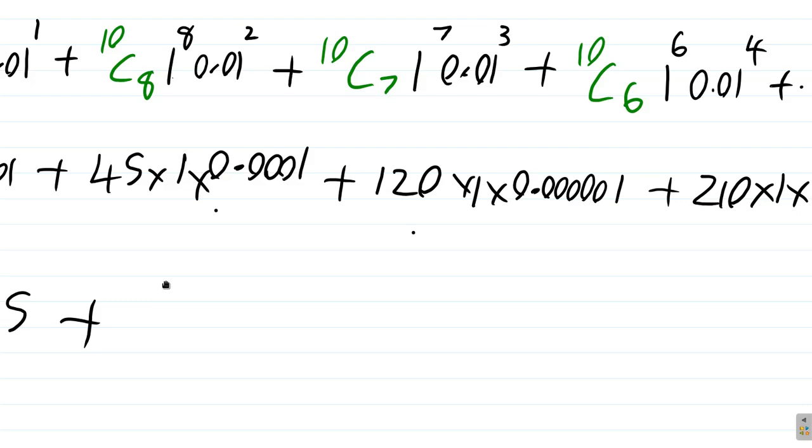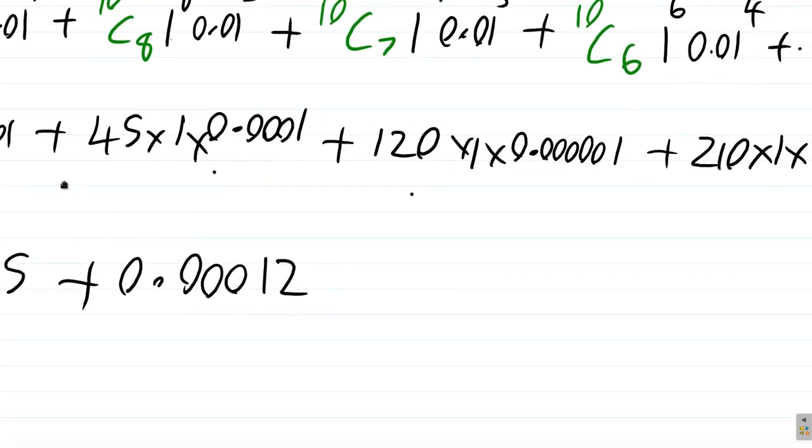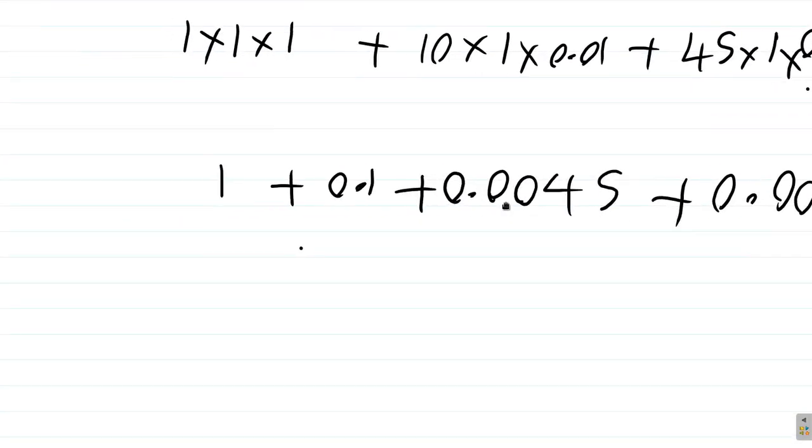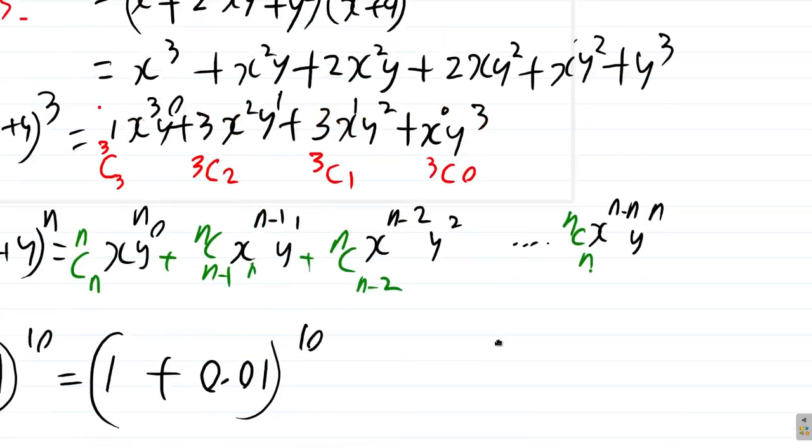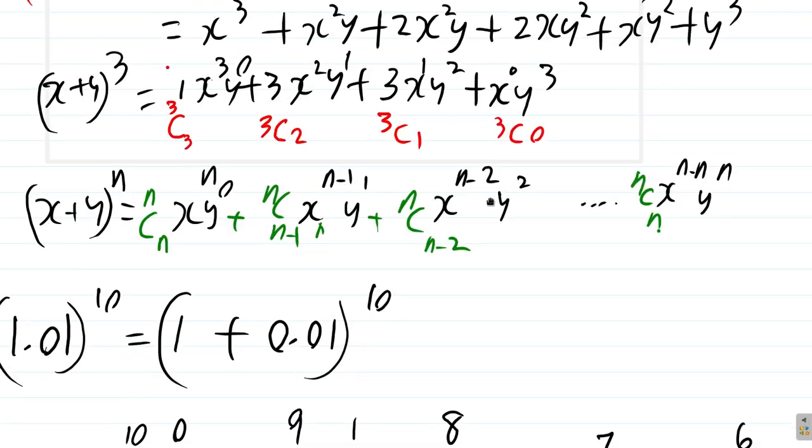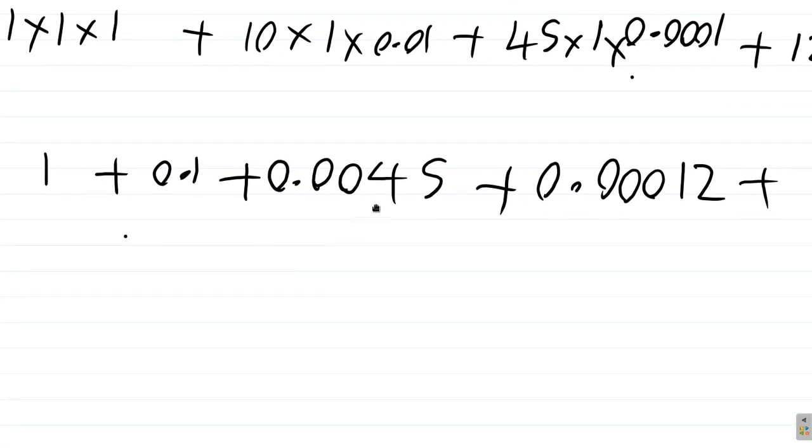This turns out to be 0 point, and then you have 3 zeros, then 1, 2. We definitely don't need the next one because we're well past 3 decimal places. Was it 3 they said? Right, 3 decimal places.